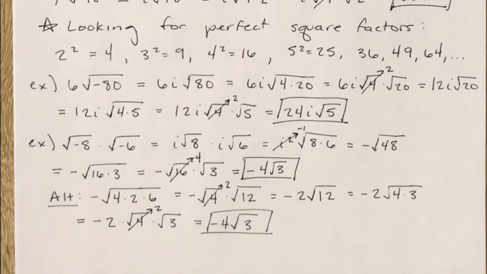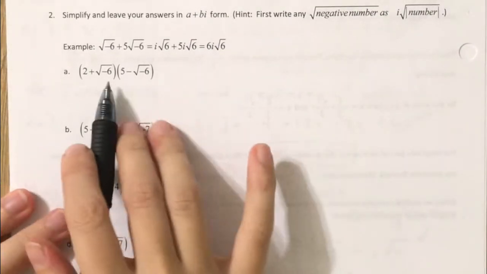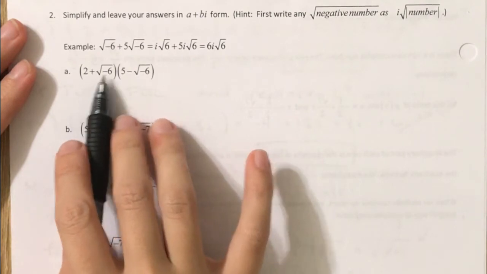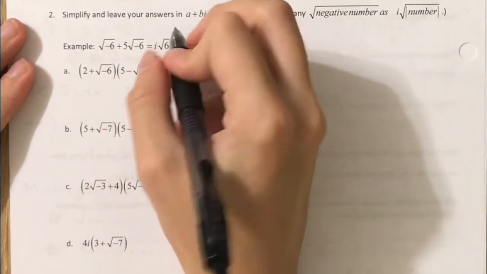We can also do more algebraic stuff with this as well. Let's go back to the lab manual, the page following the page we were just looking at. Let's look at this first question. So we have negatives under the square root, so we definitely need to pull out the i's first.